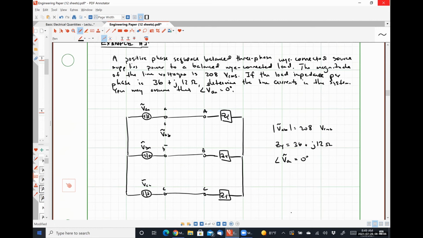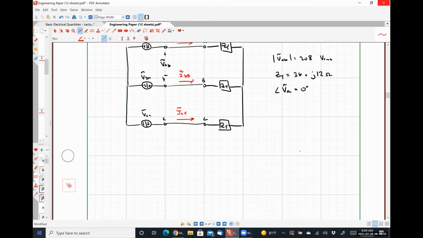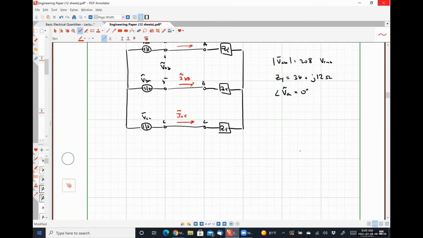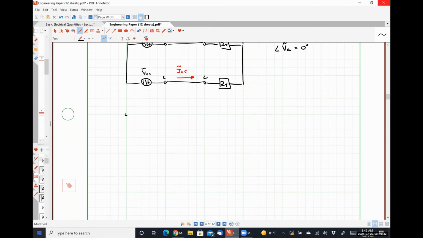So to be clear here, we're asked to find our line currents. So that would be IAA, IBB, and ICC. They will all have the same magnitude and they will be separated by 120 degrees. So if we find one of them, we've found all 3 of them because we understand how balanced 3-phase circuits work. All right, so my single phase equivalent circuit is going to look like this.